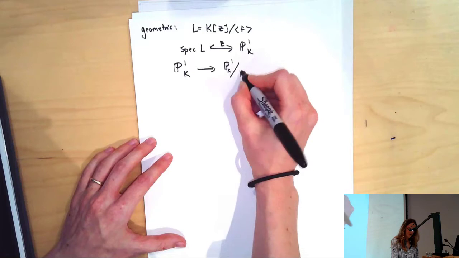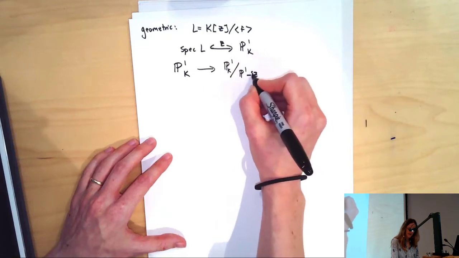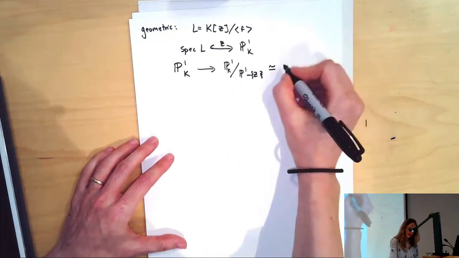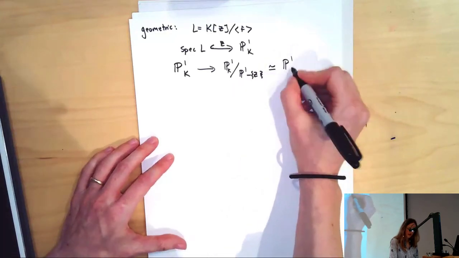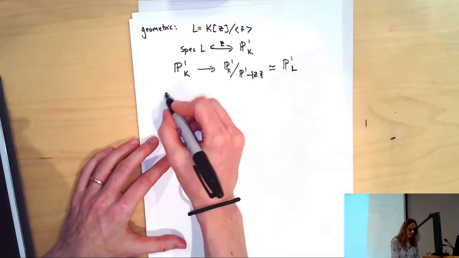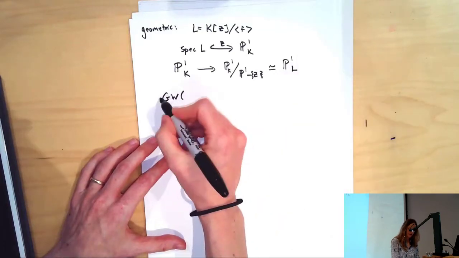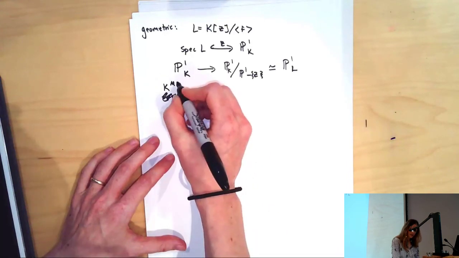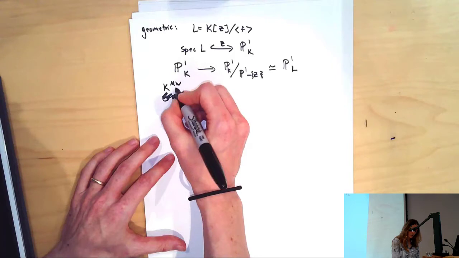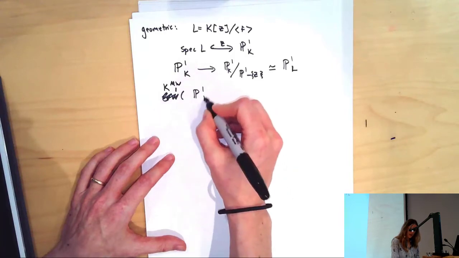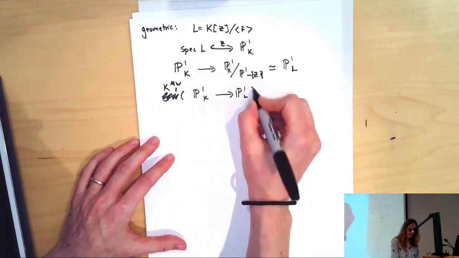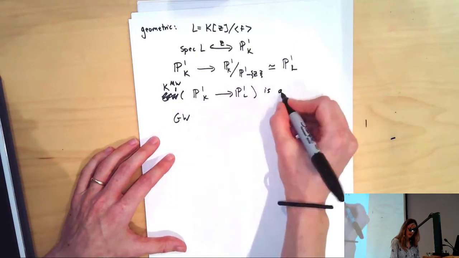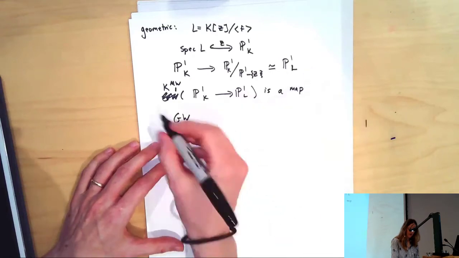Oh, it's still over K. And we saw this morning that this was P1 over L, and so we can now apply K Milnor-Witt 1 to this map, and what we'll get is a map which would be the geometric transfer.